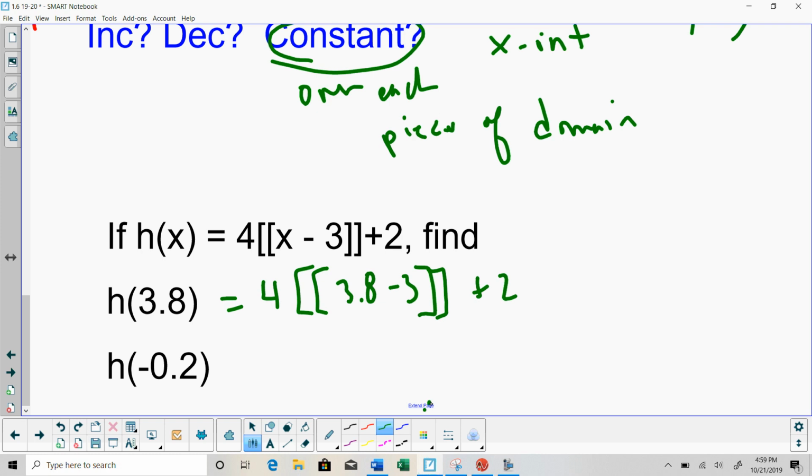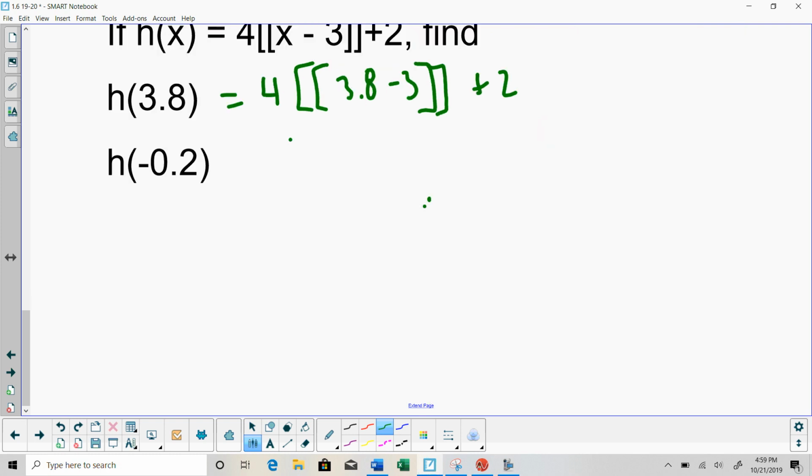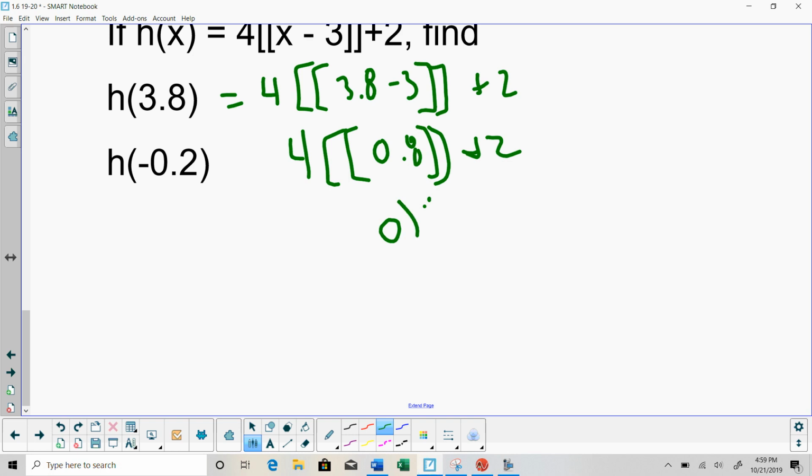In order to do that, 3.8 minus 3 is 0.8, and then plus 2. So the greatest integer less than or equal to 0.8 would be 0. So I get 4 times 0 plus 2, which is just 2.